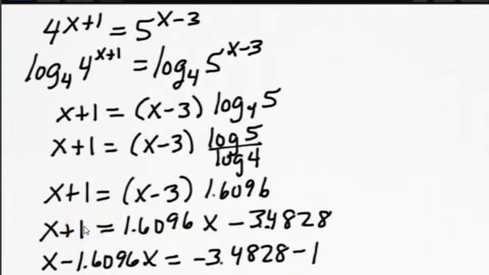Looks like I'm going to need to go up to the top. So notice here I have 1x minus 1.6096x. 1 minus 1.6096 would give me negative, oh, I think I left a decimal place out. Oh shoot, where is that?